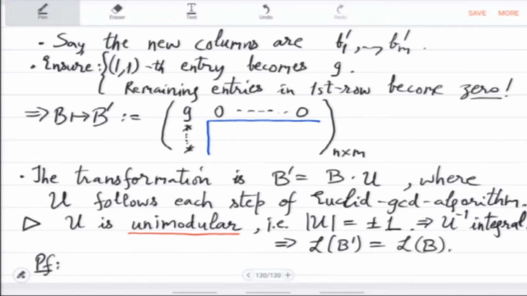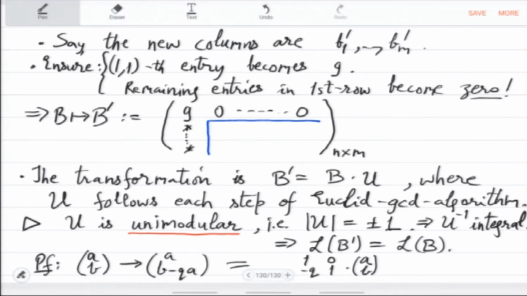So what is the proof idea? Well, the proof is just that one step of Euclid GCD is a division step. So (a, b) is going to (a, b minus qa), which is equal to (a, b) times the matrix with rows (1, 0) and (1, minus q), right?